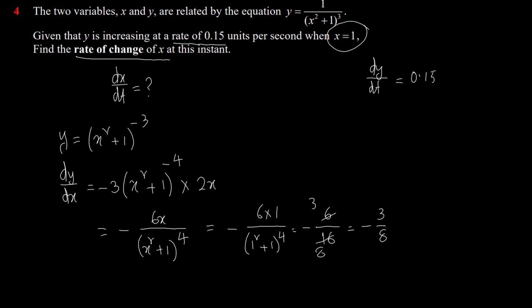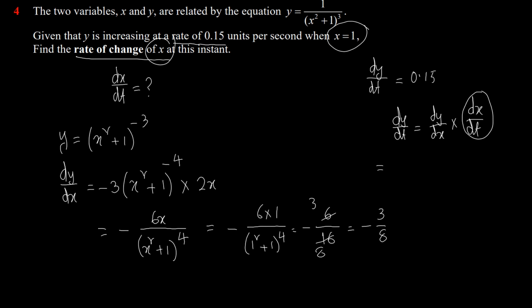Now let me write the equation for the rate of change of x. In the same way, dy by dt equals dy by dx into dx by dt, because y is relevant with x. The question is the rate of change of x. This is what we are going to find out.